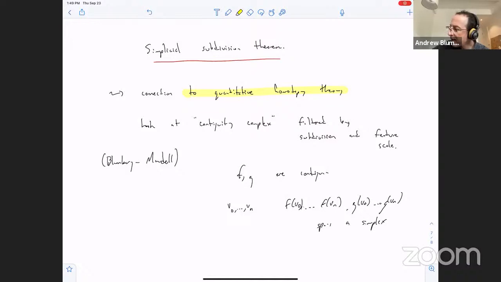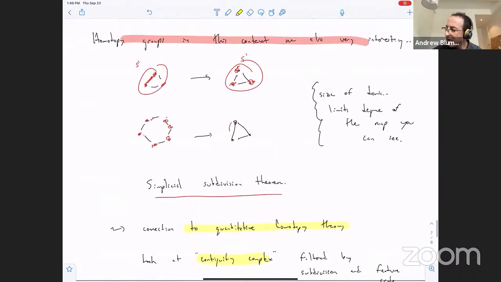In the topological data analysis context, I did some work with Mike Mandell. You can look at what we call the contiguity complex, which is a combinatorial model of a persistent mapping space, where you explicitly keep track of filtrations coming from this kind of subdivision.